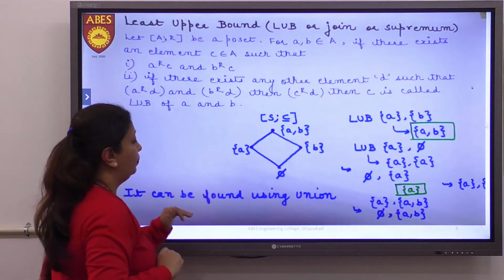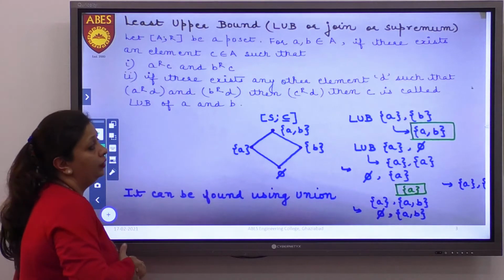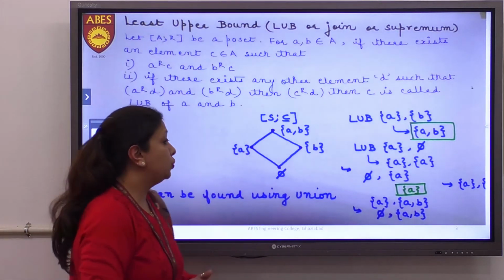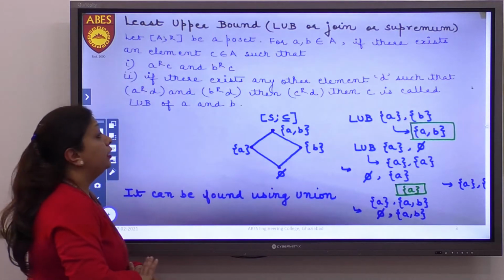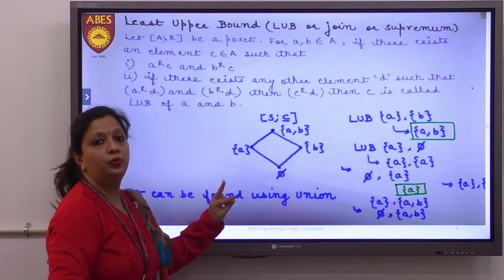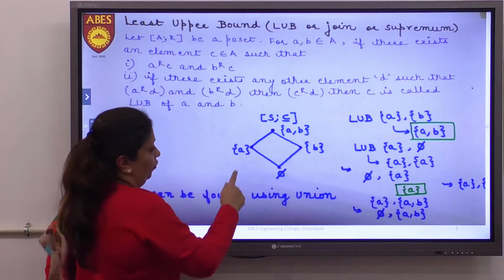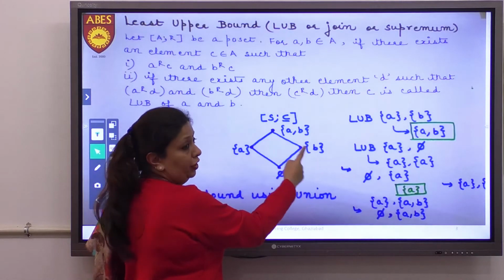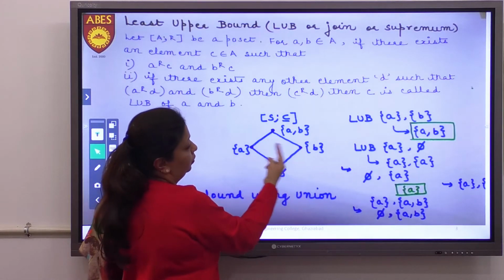For this example, which is a standard example where S is actually a power set and the relation is defined as subset, we can also say that the LUB can be found directly by finding the union of the two given elements. When we were talking about a and b and I wanted to find the LUB, I just take the union of these two.